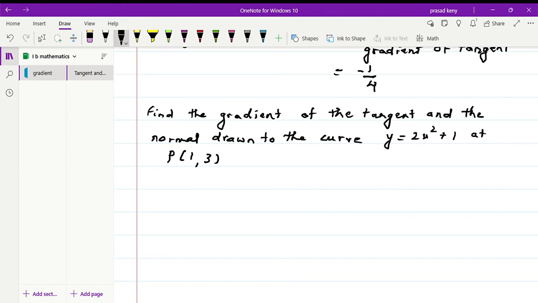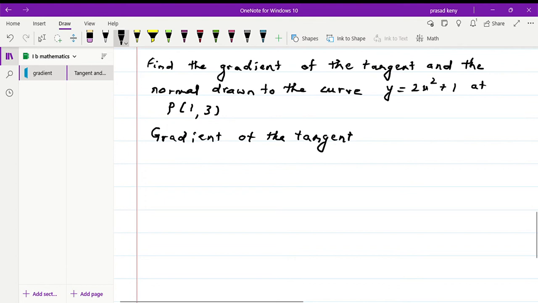So, first of all, let us find the gradient of the tangent. Now, tell me, how will you find the gradient of the tangent? What gives you the gradient of the tangent? Yes, the value of the derivative at the point of contact. And in this case, the point of contact is 1, 3.